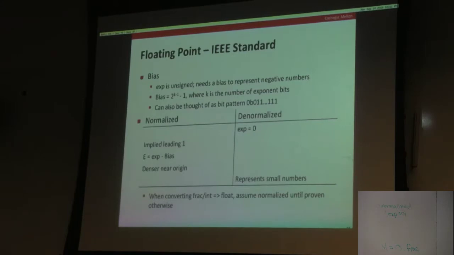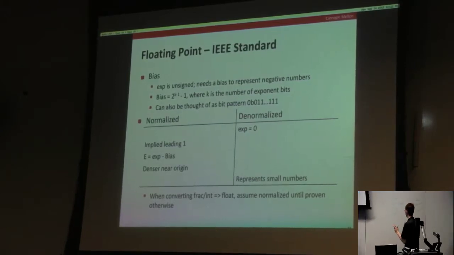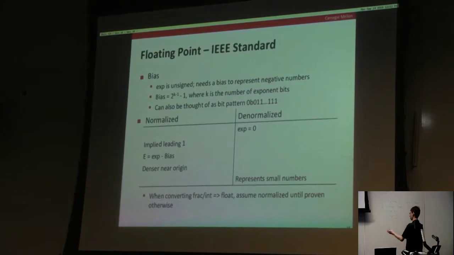They also have special cases for infinity, for negative infinity, and for values that aren't a number. So for instance, if we try doing something like square root of negative 1, or infinity divided by infinity, or 0 divided by 0, there is no number that corresponds to that value, so there is a special case of floats that will map to something called not a number, which signals that there just is no value that we can assign to this expression.